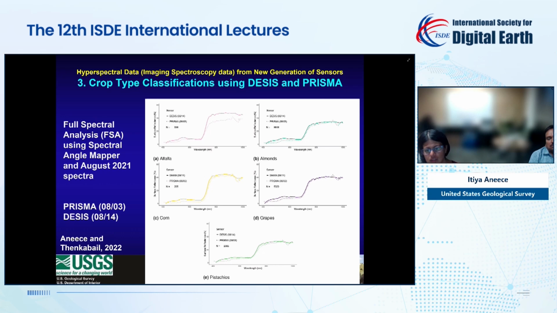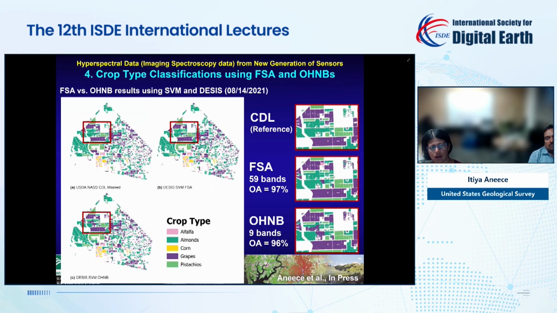So here is a quantitative comparison of using full spectral analyses versus optimal hyperspectral analyses using support vector machines and a DESIS image in August of 2021. Here is a reference, the USDA cropland data layer, like Parth mentioned.